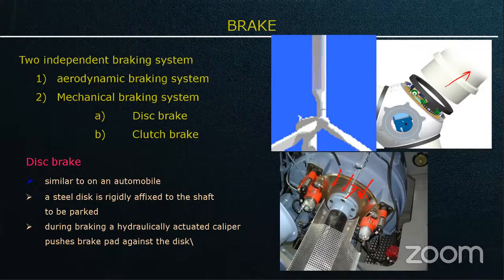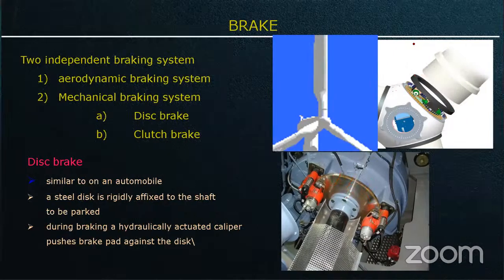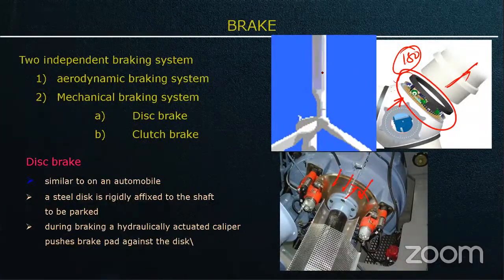You can see the blades are connected to the hub via bearings. So the blade can rotate about its own axis up to 180 degrees. Because it has bearings, the blades can rotate about their own axis. That is the purpose of the aerodynamic braking system. There are two different types: I told you, stall controlled machine and pitch controlled machine, right? So, pitch controlled machine.